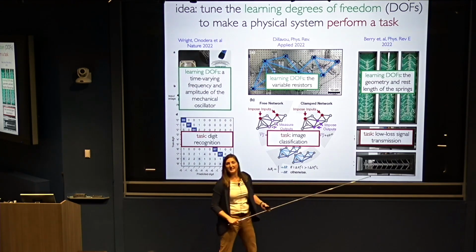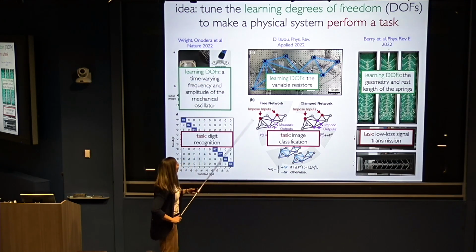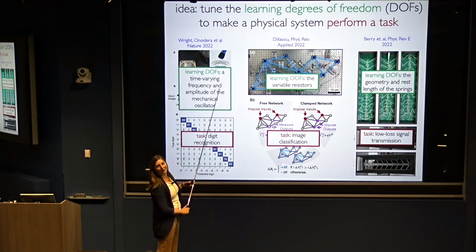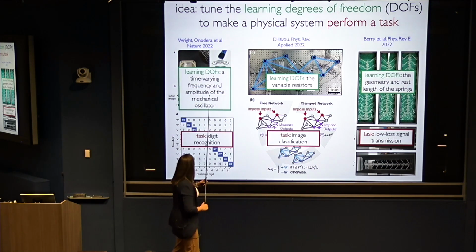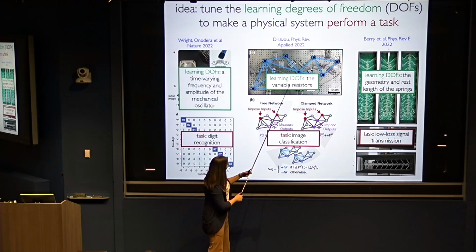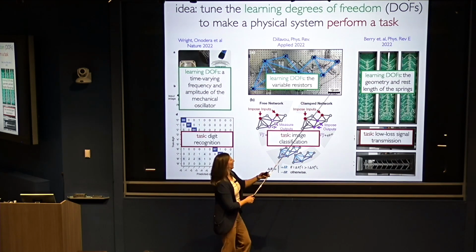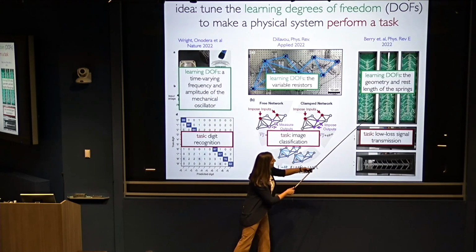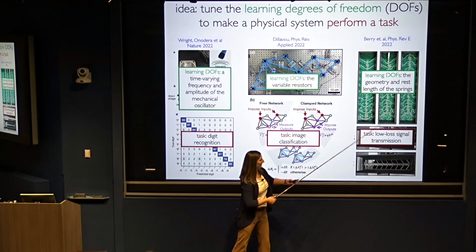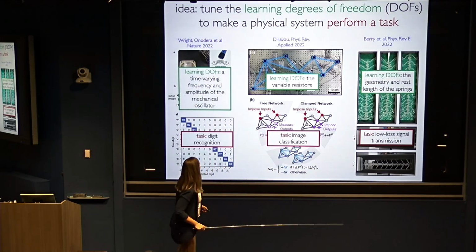And the secret sauce is they all have internal tunable degrees of freedom that you can actually adjust in order to make the system do this. So in here, it's the sound of an amplifier. Here, it's the variable resistors, so you can change the variance of the resistors in this network. And here, it's the length of these springs on the side. You can tune that in that model system.